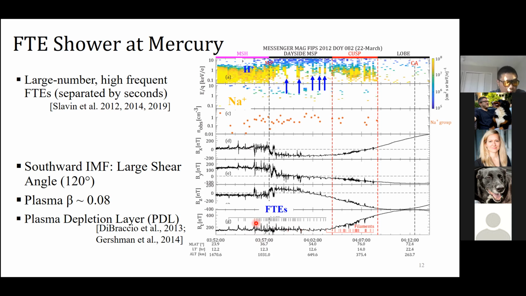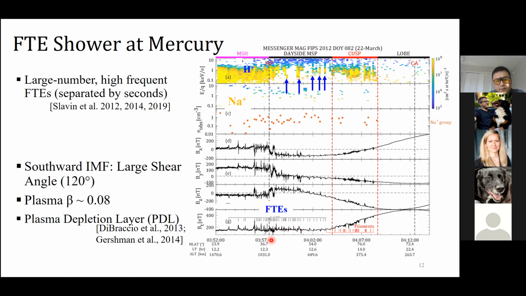Okay, near the subsolar magnetopause here, there are a large number of flux transfer events. As I mentioned earlier, this figure only has a duration of around 20 minutes. Near the subsolar magnetopause here, in around 5 minutes, we observed 40 flux transfer events.